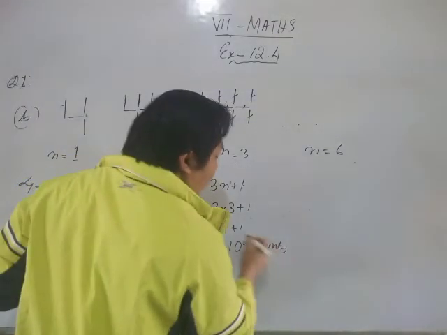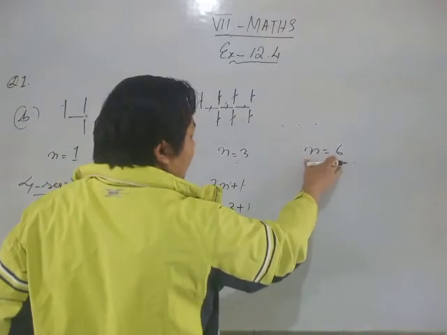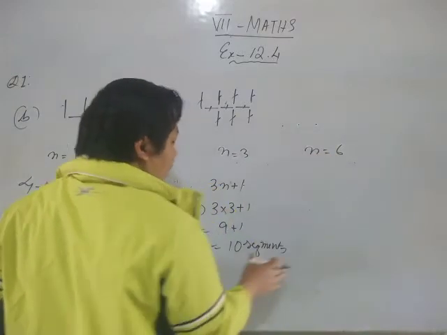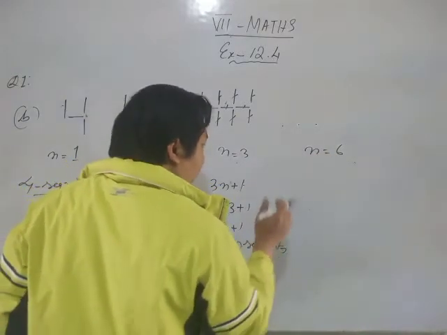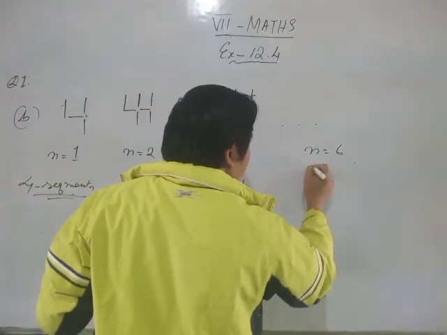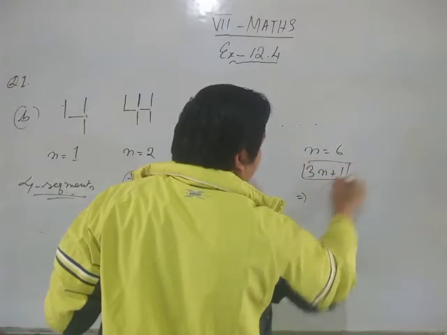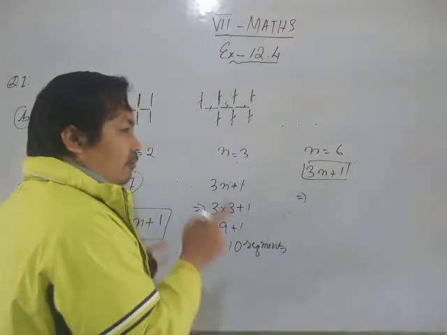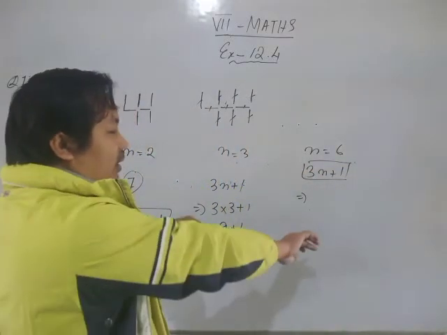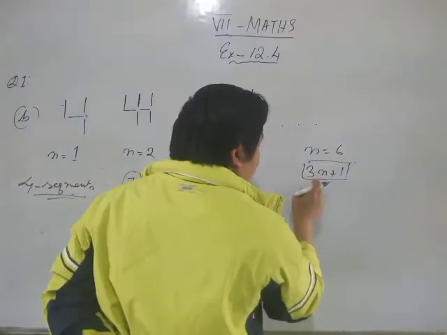Okay. And now the next one. If you want to make 6 patterns, how many segments are required? Let us see. You take the same formula, the expression to find the number of segments, 3n plus 1.